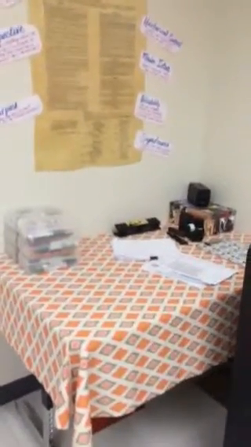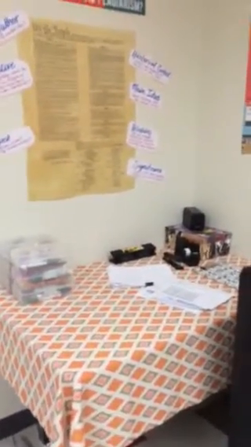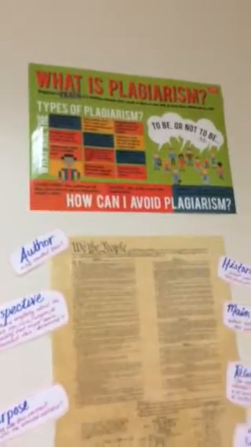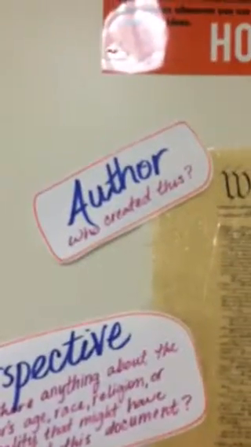This back table is kind of a resource table for students. I just got this poster about how to cite your sources, and then another poster about plagiarism. On this poster I added in just information about how we analyze documents.